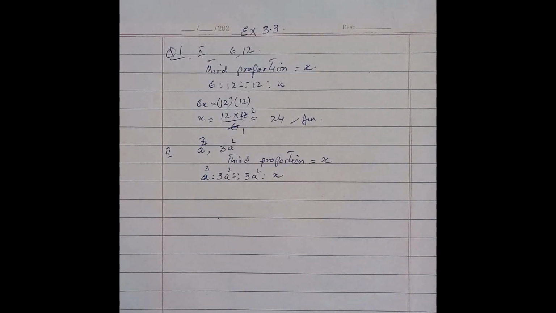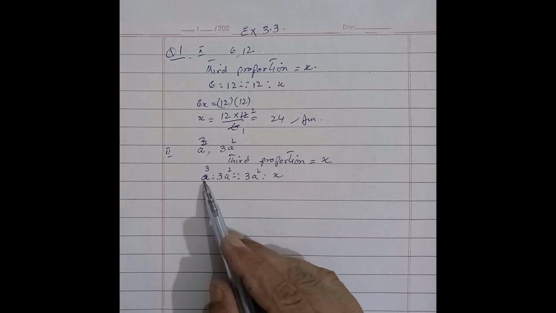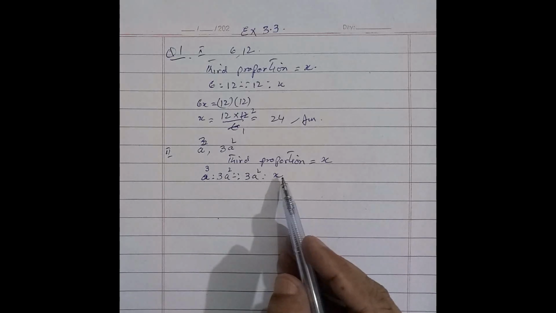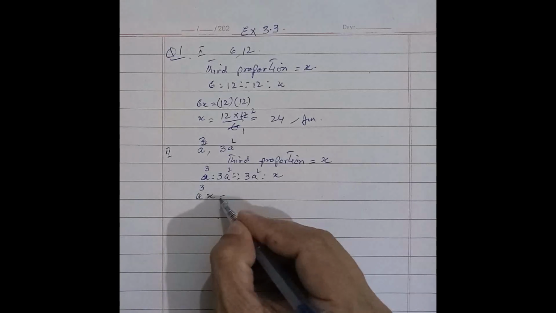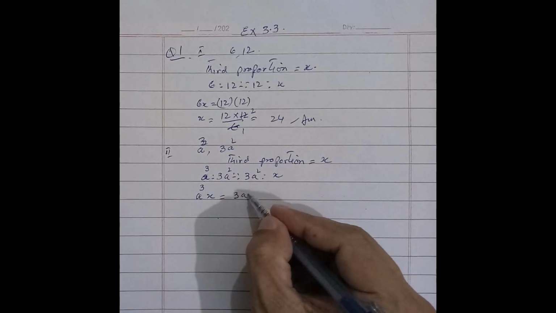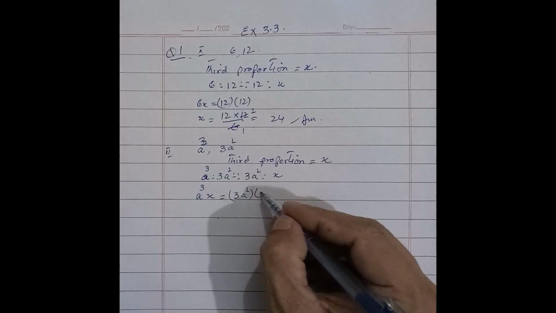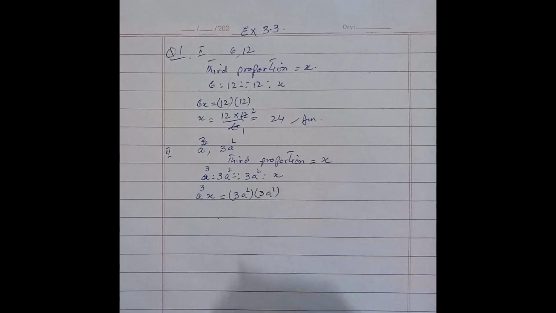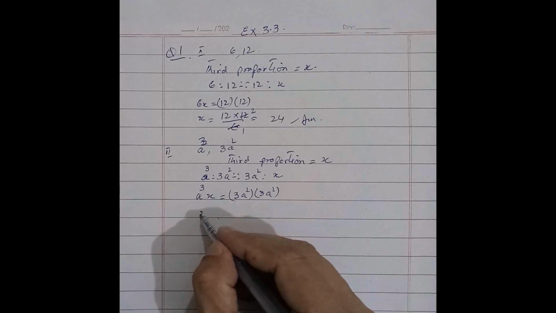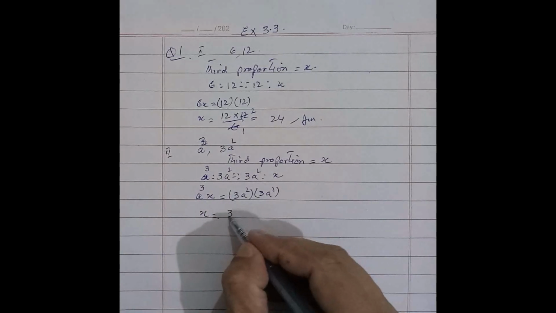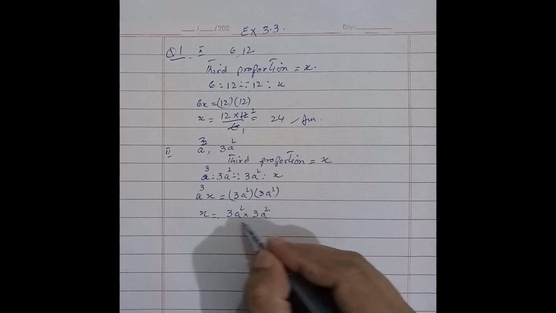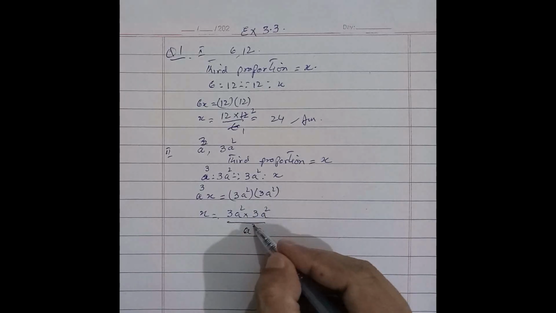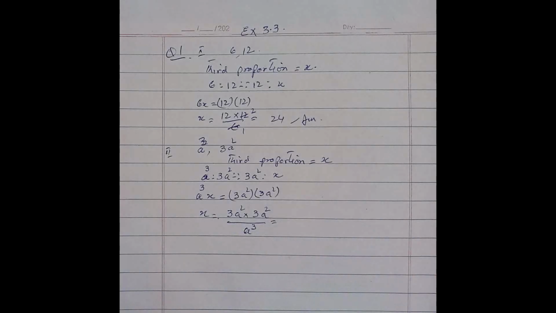Same here, the product of internal values is equal to the product of external values, which is a^3 x is equal to 3a^2 into 3a^2. Now simplify these values. x is equal to 3a^2 multiplied by 3a^2 over a^3.